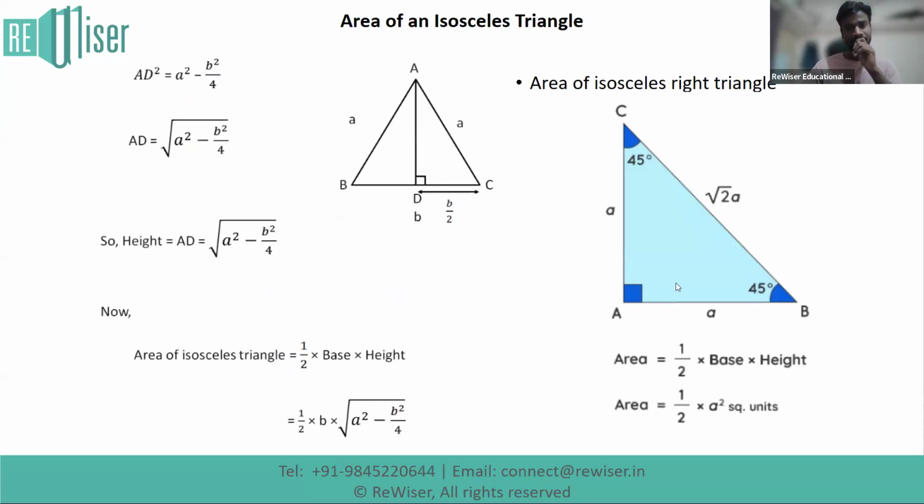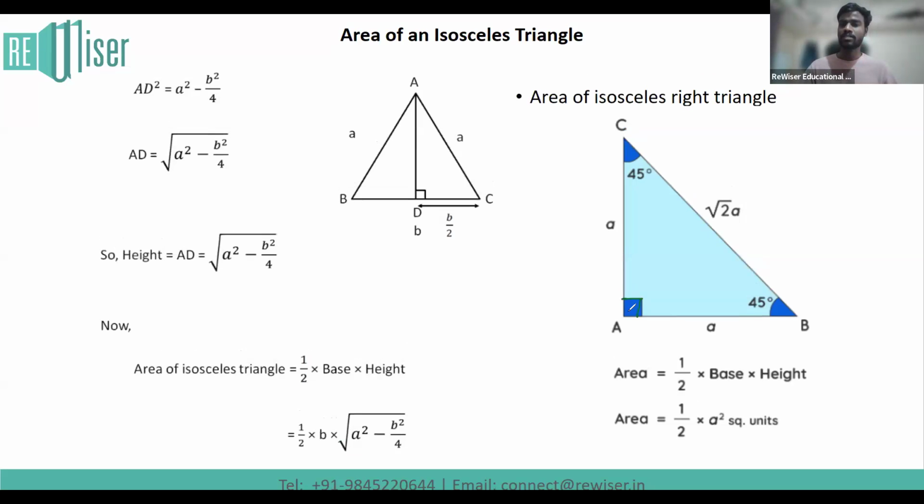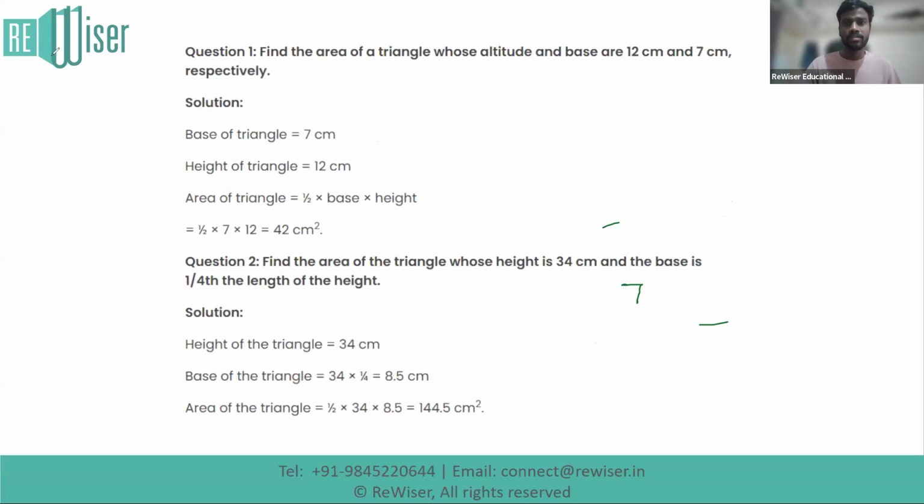So the area of this isosceles right triangle is half into base into height, which is half into a into a, which is half a squared. Whenever you have a right angle triangle, you can just do half into the two sides which are with the 90 degrees. Got it? Nothing else to note here. These questions are simple.